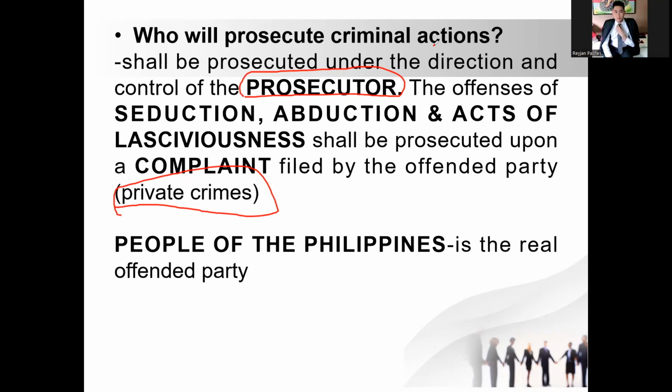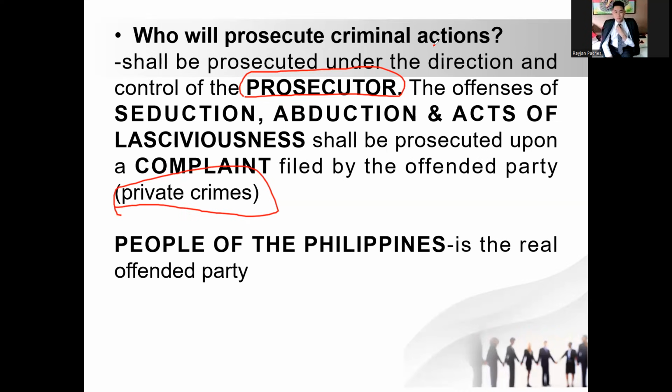So, pwedeng i-label natin ang VAWC class as a private crime. Of course, class, ang VAWC, violations against women and children, that is under the special law, but still, kung sino yung offended party, siya yung magpa-file ngayon ng kaso. Kasi nga siya yung naagrabyado eh. So again, ang private crimes, only the offended party can file a case, while a public crime, anyone who is interested in the case can file a case.